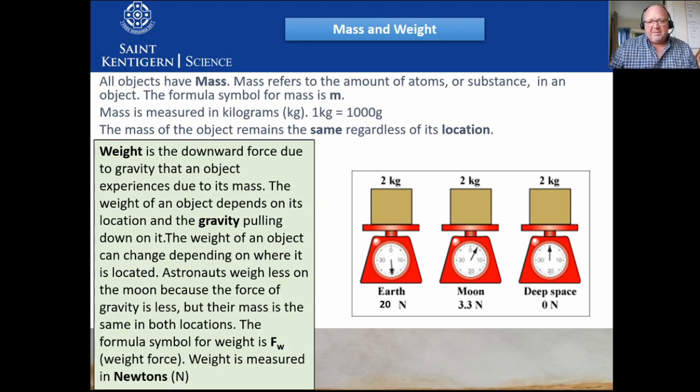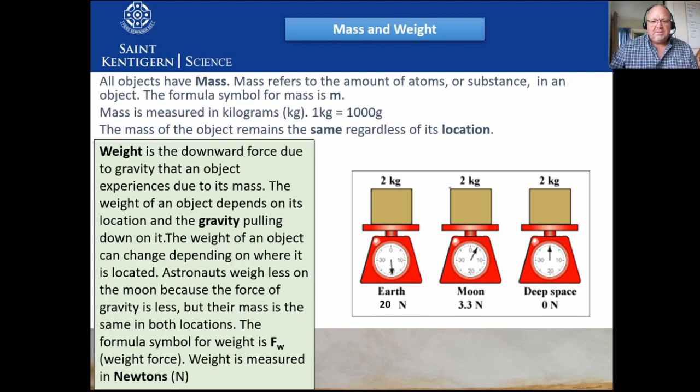Okay, so here we have 3 blocks. They're all 2 kilograms of mass. In other words, there's 2 kilograms worth of matter or molecules or atoms in there. On Earth, the Earth is pulling it down at 20 newtons, so we know that 2 kilograms is 20 newtons.